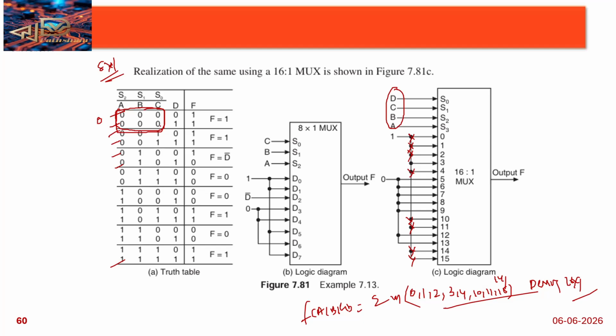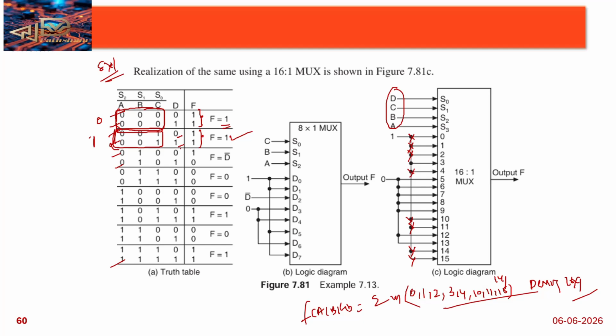For 0, D is 0 and 1, but here I got ones, two outputs are 1, meaning F output is 1. And then again 0 1 case, 0 0 1, this is one case, two combinations we can form. Again here also 0 1, and both are ones, no problem, output is 1 only.